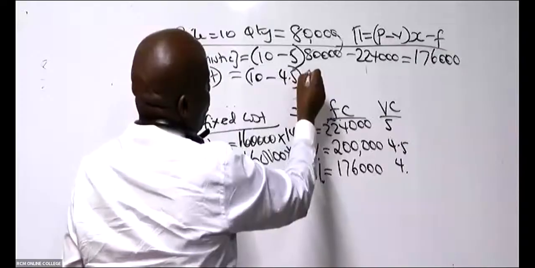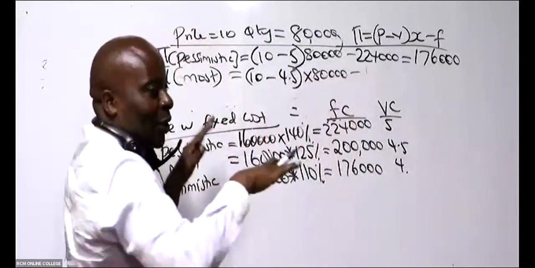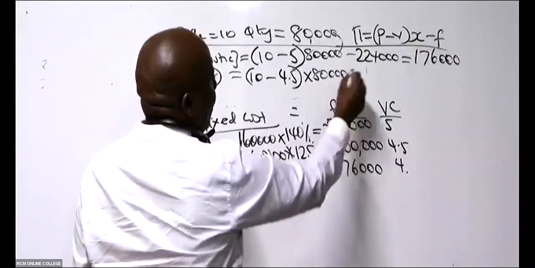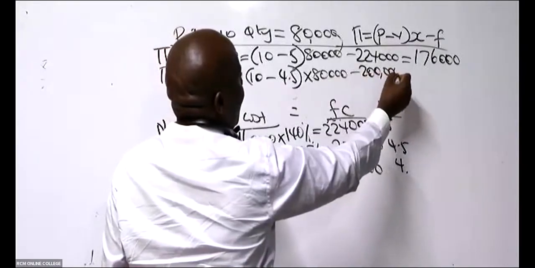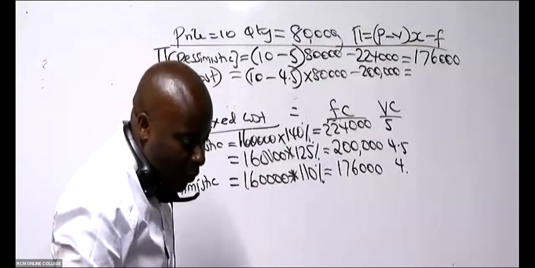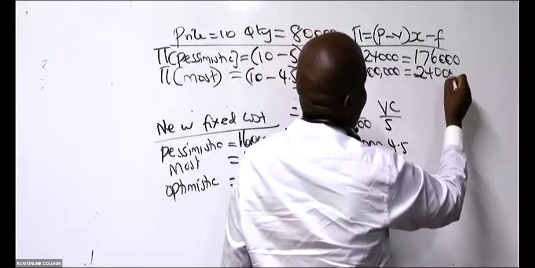The quantity is not going to fluctuate; it is 80,000. But remember, fixed costs are fluctuating, so the most likely fixed cost is 200,000. So then this will give us what figure? According to Lavi, we have 240,000. Thank you so much.